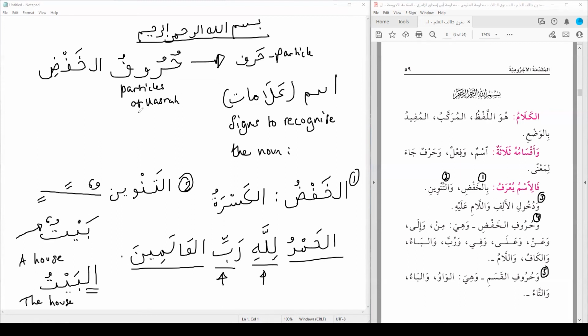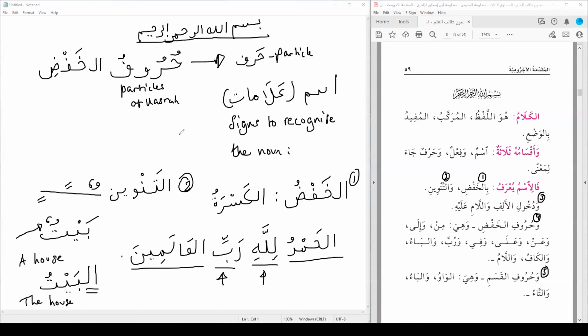Meaning, these particular particles, these words that have been listed for us, cause the word after them to end in kasra. And because these words have affected the word after them, it is a sign that the word after them is going to be a noun.